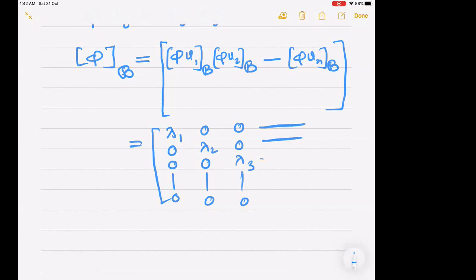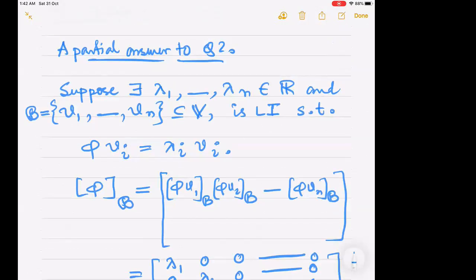This trend continues. Finally we have 0, 0, 0, and lambda n. Diagonal matrix. So the existence of such vectors solves the problem for Q2: there exists a basis. Q2 has an answer.